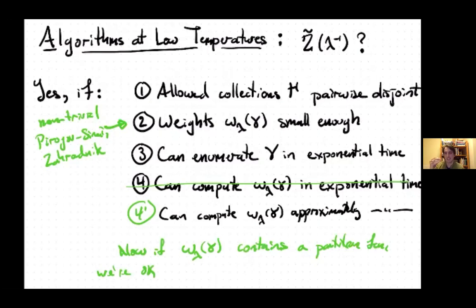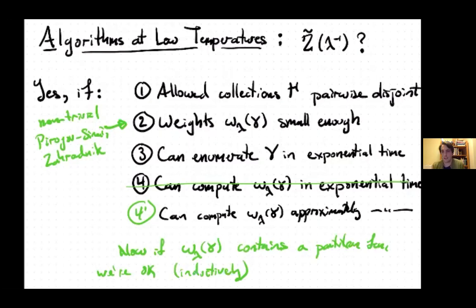For the smallest size of polymers, you can just explicitly compute the weight. And then if you have an algorithm up to some size to compute the partition function approximately, then when you go up to the next size, you can use your previous algorithm inside. And this is actually very similar to the inductive analysis of Pirogov-Sinai theory. Okay.